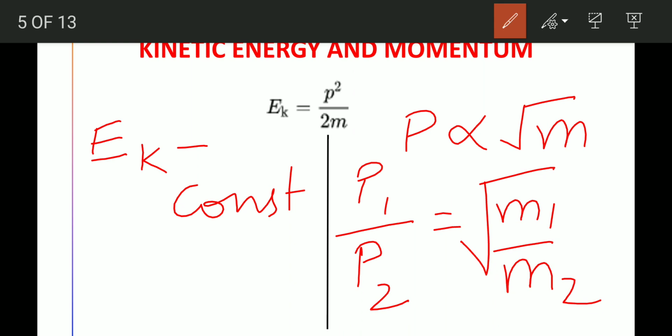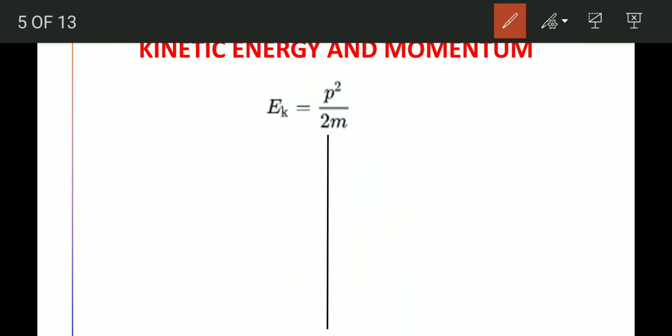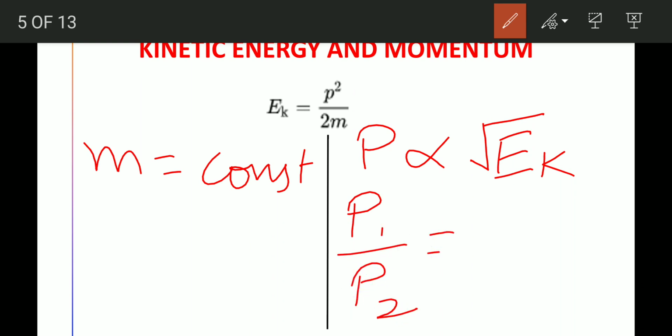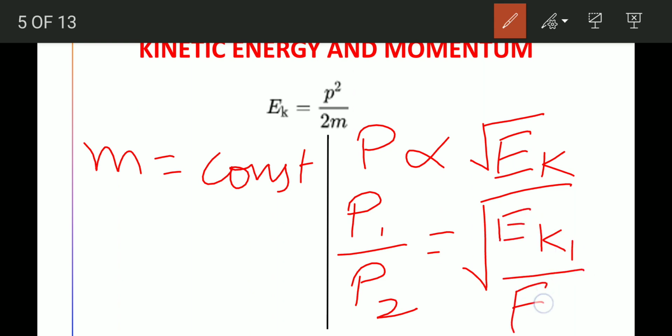There is a third possibility also, children, and if now we assume in this expression that mass is constant, for a body which is in motion, if the mass is constant, then momentum and kinetic energy are directly proportional to each other, and therefore mathematically they can be written in this way.